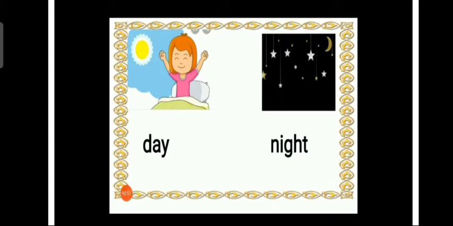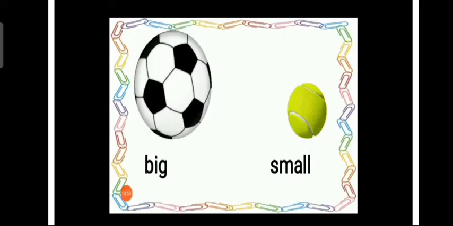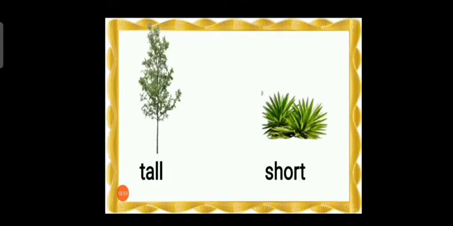In one picture we can see day and the other night. Very good. And now there is a big ball and the other ball is small. And here we can see a tall tree and the other is short plants.